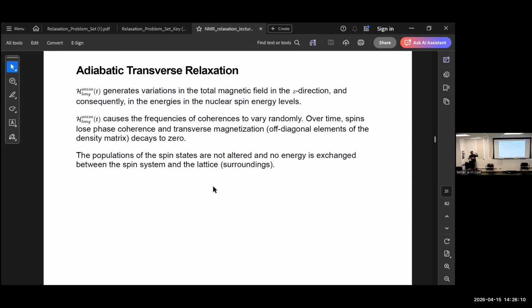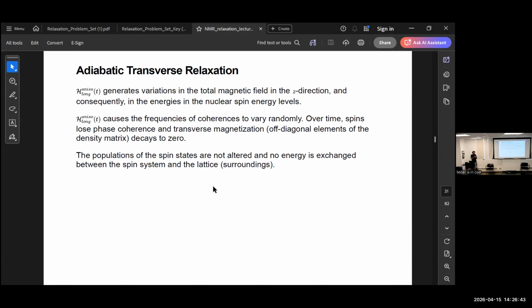When you fluctuate the field in z, you are changing the energy spacing between alpha and beta, and the energy spacing is directly related to the frequency of precession. E is equal to h bar omega, where omega is the energy gap in frequency terms, so if I create transverse coherence, it will precess at that omega. If I fluctuate this energy spacing, the precession frequency is also fluctuating with time.